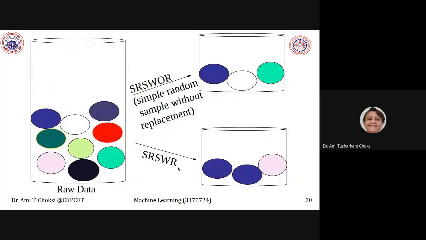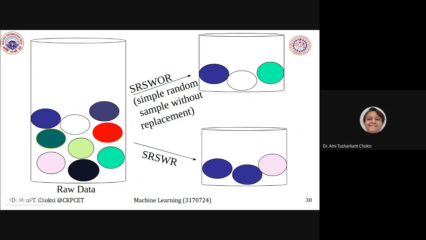Once we have taken one object, that is blue, you can say, this and this blue, both are different, they are not the same. Blue is chosen, and next time also we can have the blue. Are you getting that? From this box, when we take the data using the method SRSWR, whatever we have chosen will be put back in the box, and that can be chosen next time also.